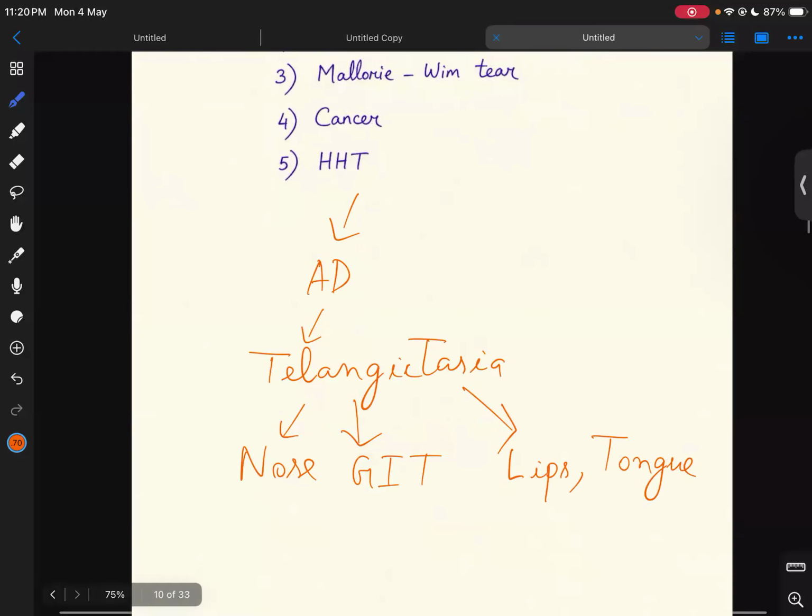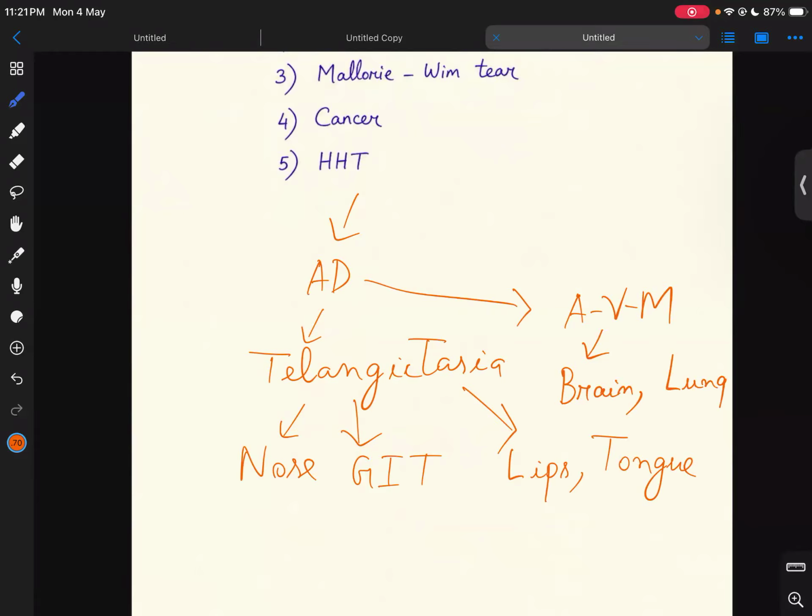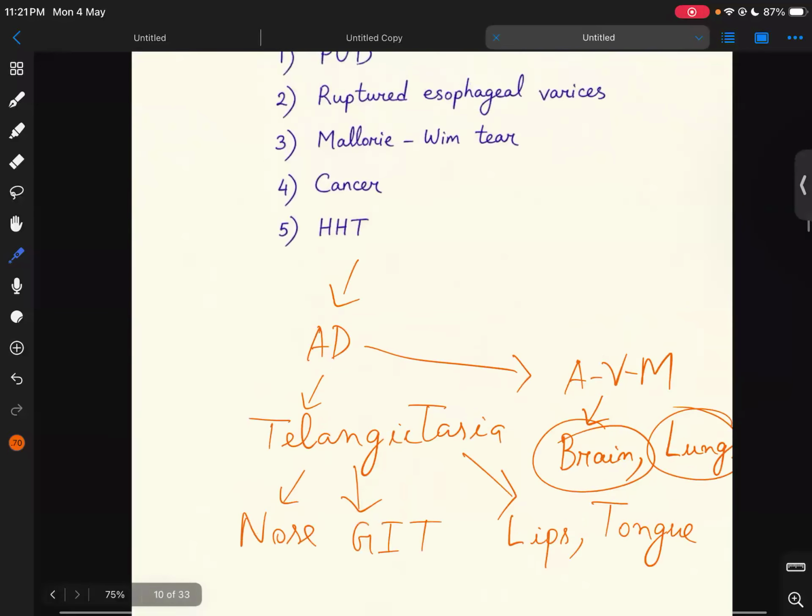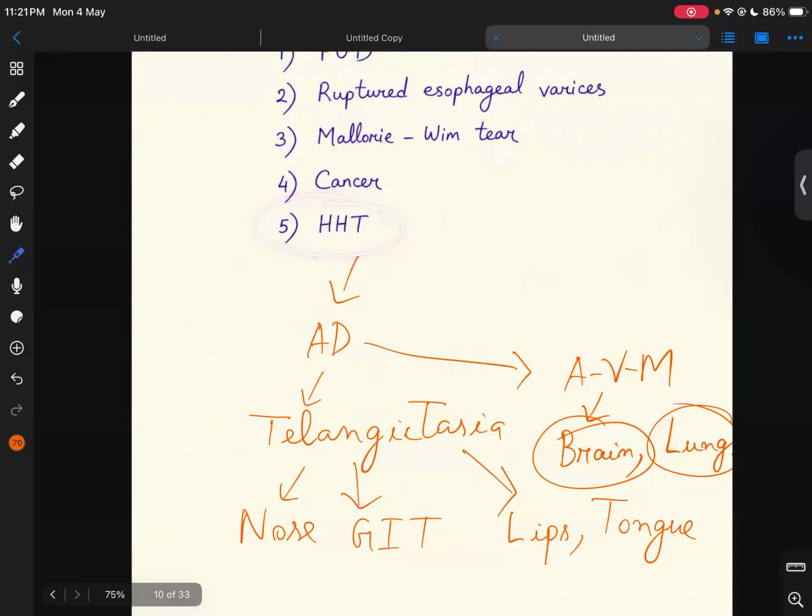Another part is that they are going to have some arteriovenous malformation, which mostly affects the brain and the lungs. So the patient can present with brain hemorrhage, and with hemoptysis due to the arteriovenous malformation inside the lung. But due to the telangiectasia in the lining of the esophageal mucosa, the patient will have hematemesis. The screening question is, have you noticed repeated bleeding from the nose?